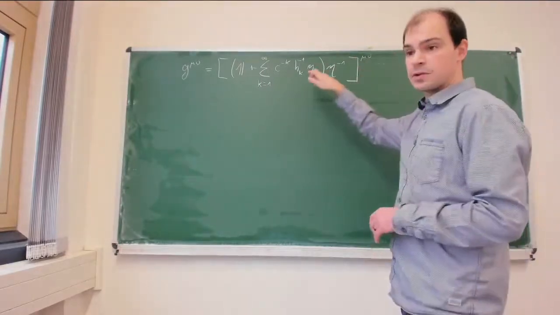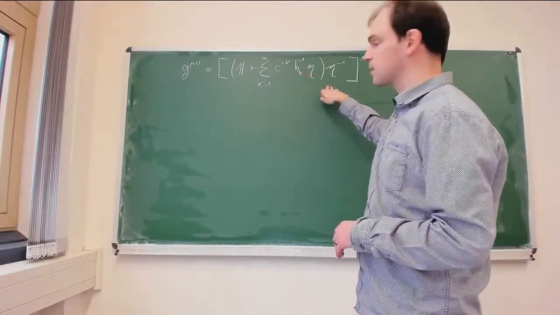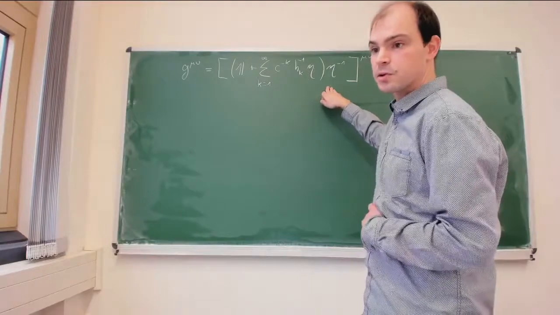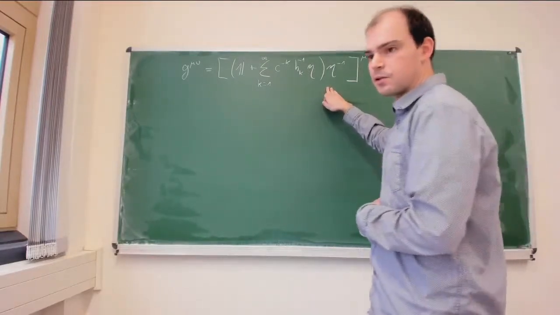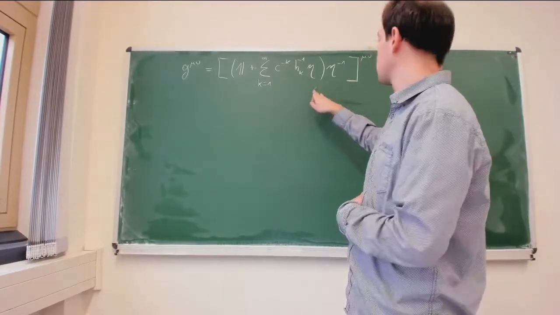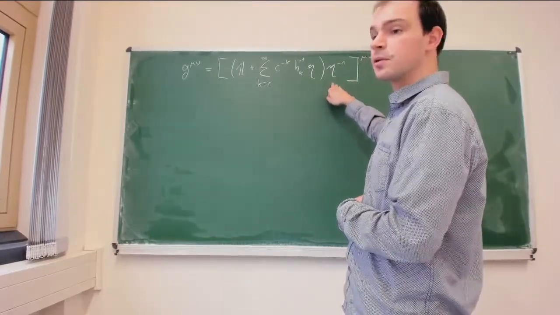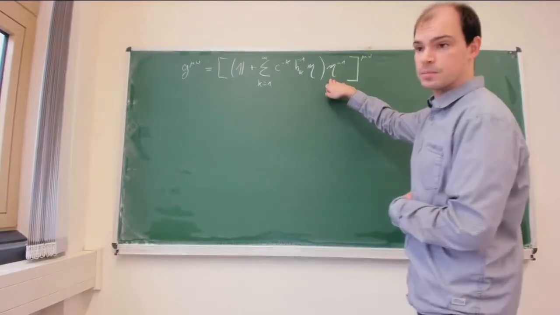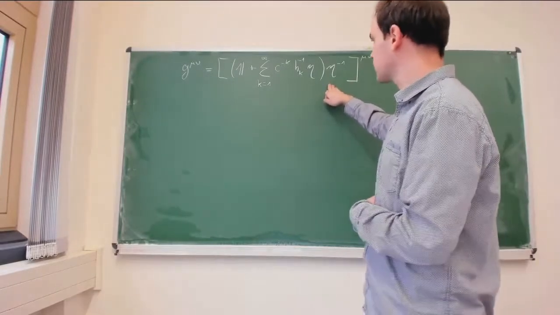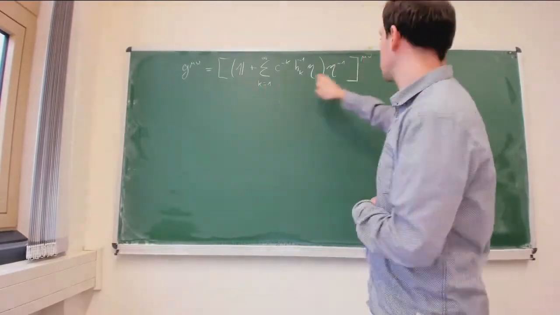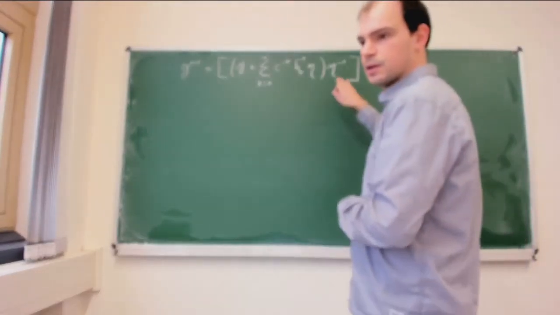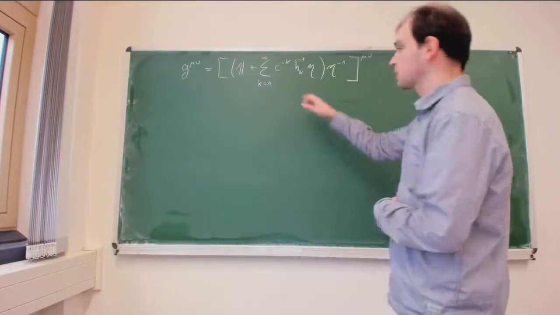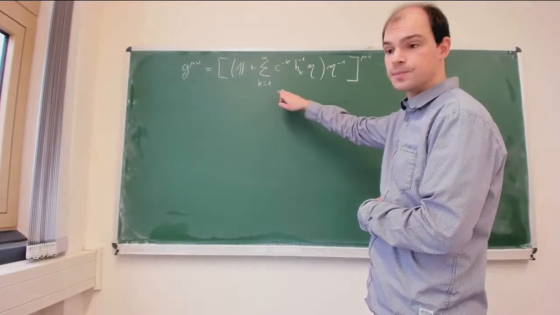So we write g with indices mu nu as a matrix with indices mu nu. And now this matrix, this is our series approach for the inverse metric. And the inverse metric is the inverse Minkowski metric, eta to the power -1. So this you get if you multiply the unity matrix here with the matrix eta to the -1. And then we can write it as a series expansion.